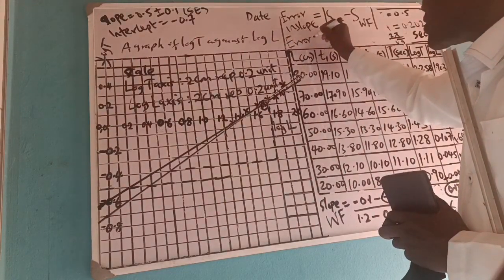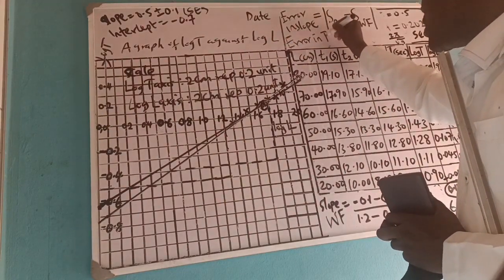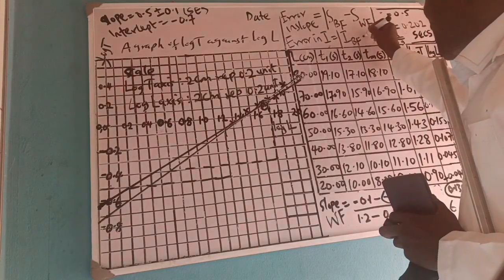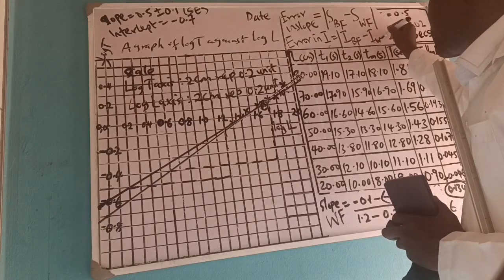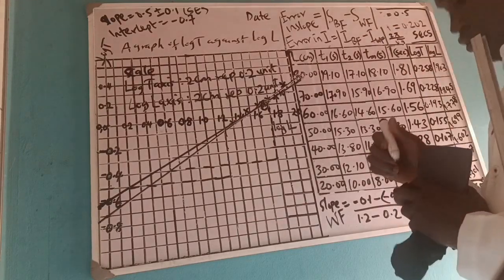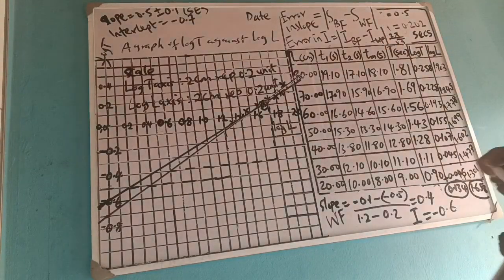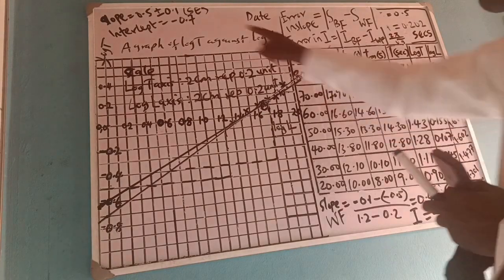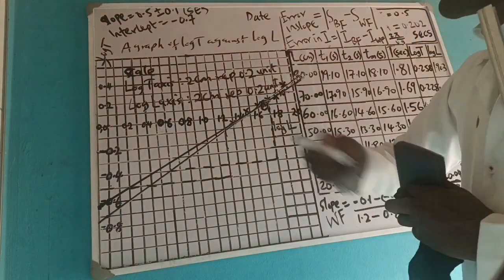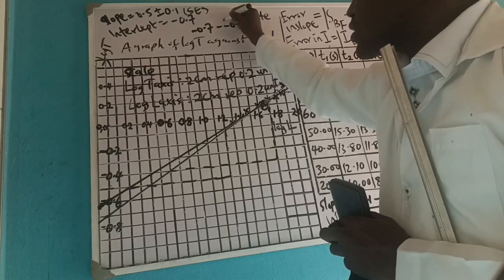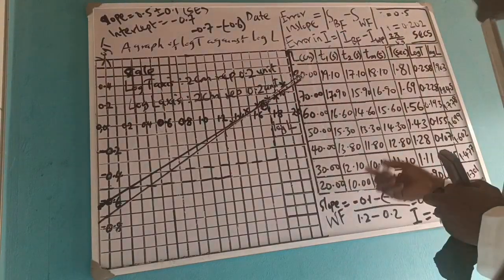Same with error in intercept. Error in intercept equals the intercept of best fit minus the intercept of worst fit. You subtract it. Minus 0.7 minus minus 0.6 will give me minus 0.1.